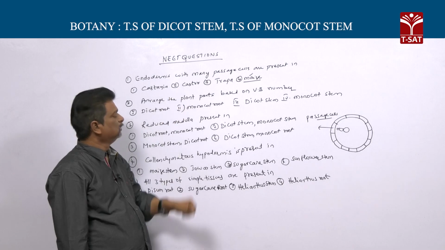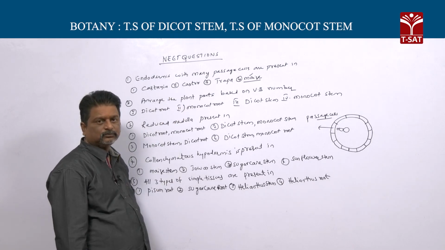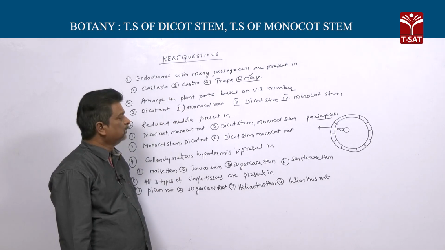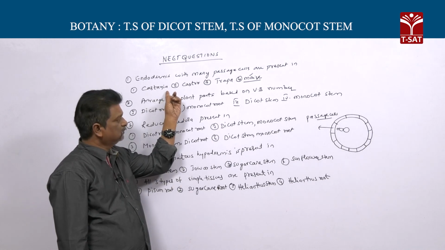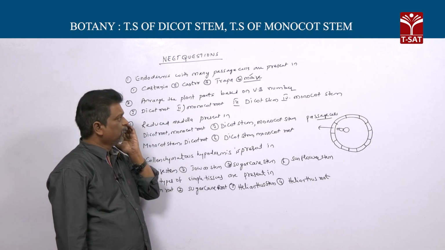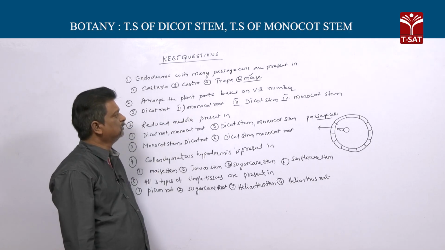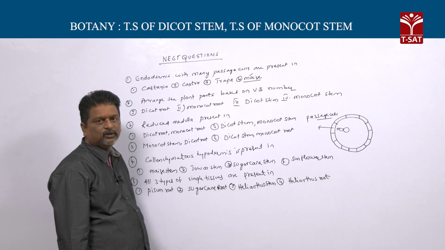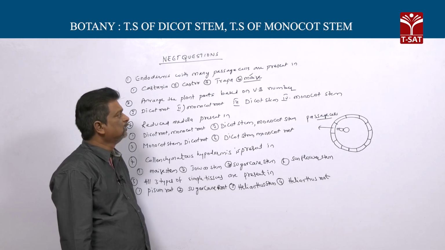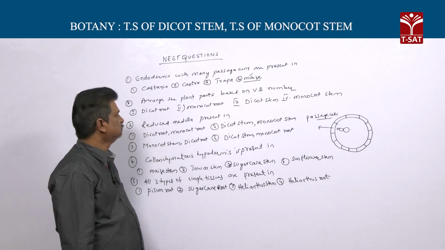Castanea has 8 vascular bundles, octarch, so 8 passage cells. Then monocot root is polyarch, numerous vascular bundles. So, the answer is monocot root. Many passage cells are present in monocot root.